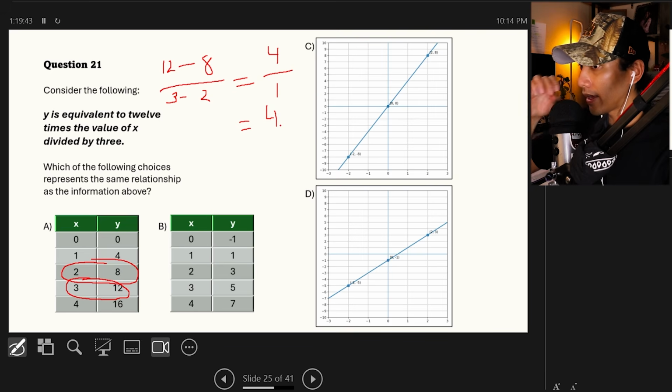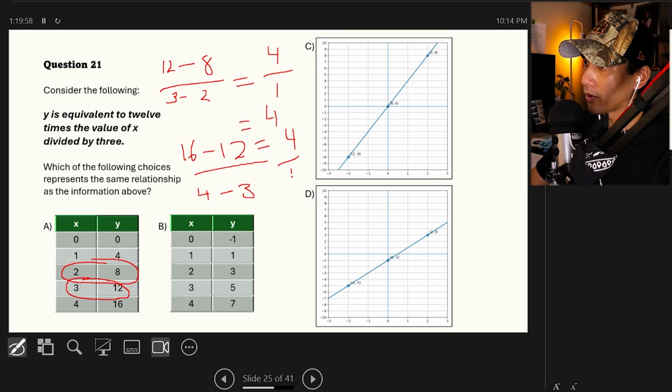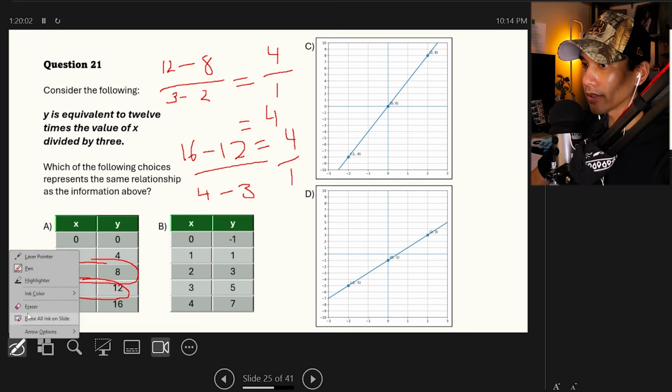Well, I don't know about that. Maybe I just wrote the numbers wrong because I'm getting the same slope. Let me try 16 minus 12 over 4 minus 3. Okay, that's 4 over 1 still. I think I may have just written this wrong.